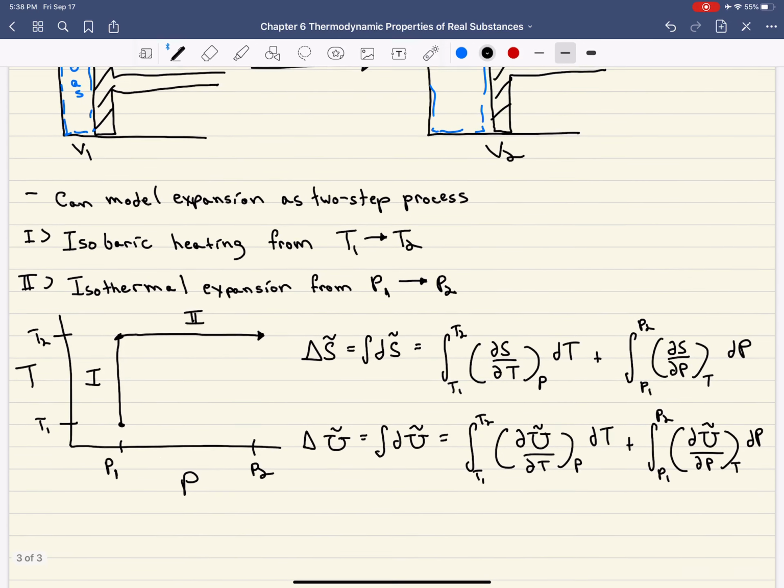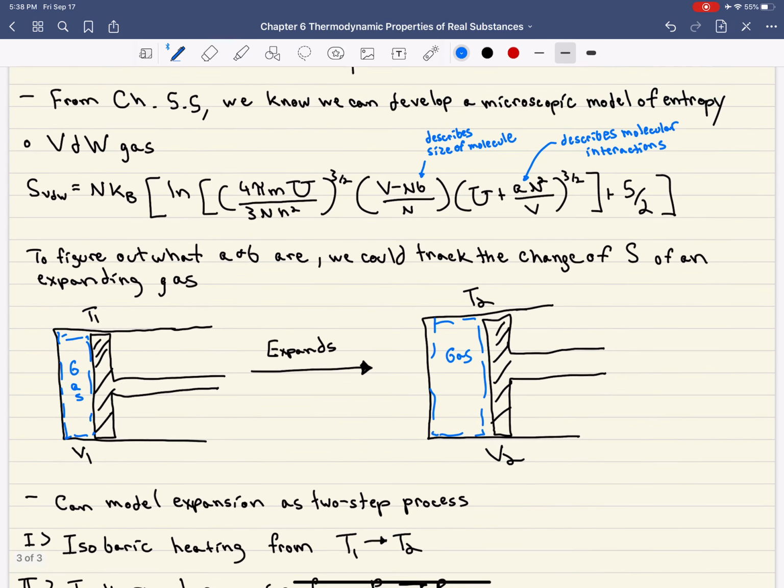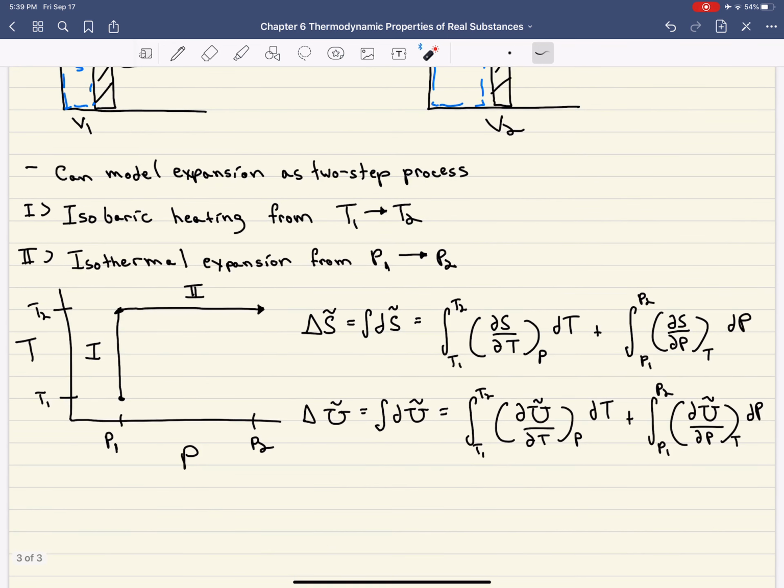Right? And so, once again, the goal here is we want to figure out what B and A are for gas. These are going to be constants that give us information about how big our molecule is and also how these molecules are interacting. Okay? And so our approach for figuring this out is that this right-hand side is essentially where we would put our measured data.